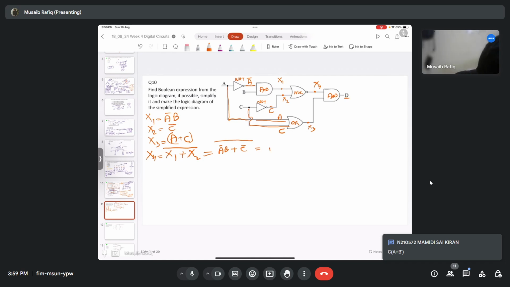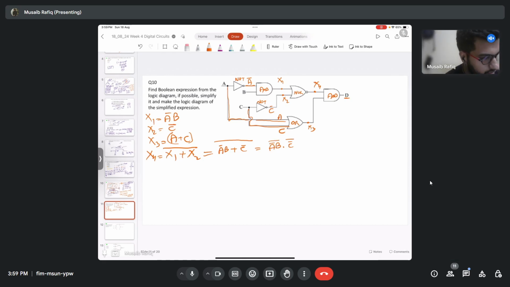So it is A bar B whole bar dot C bar, right? Again applying De Morgan's law, it will be equal to A plus B bar dot C. So that implies it is equal to AC plus B bar C. So this is my X4.